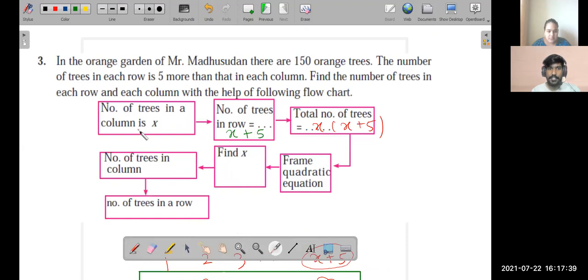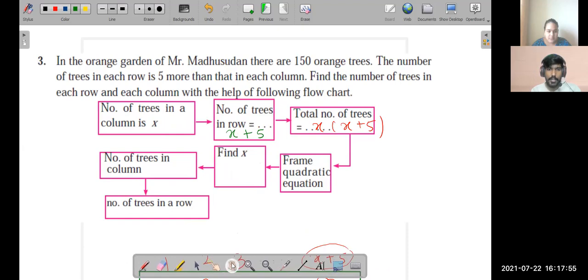If there are 10 trees in the column, then a row will have just 5 more than that. Are you understanding what I'm trying to ask?